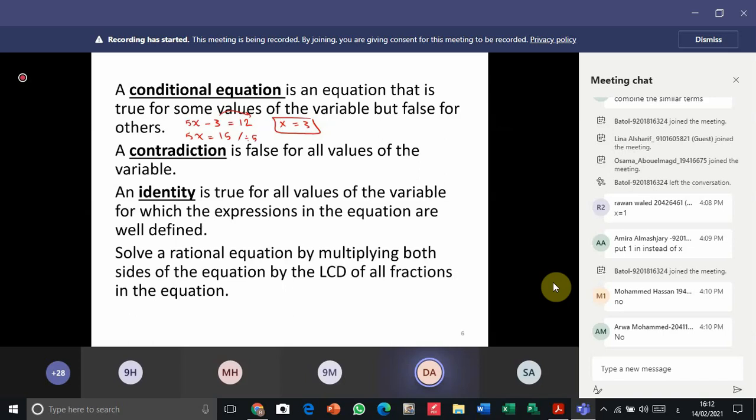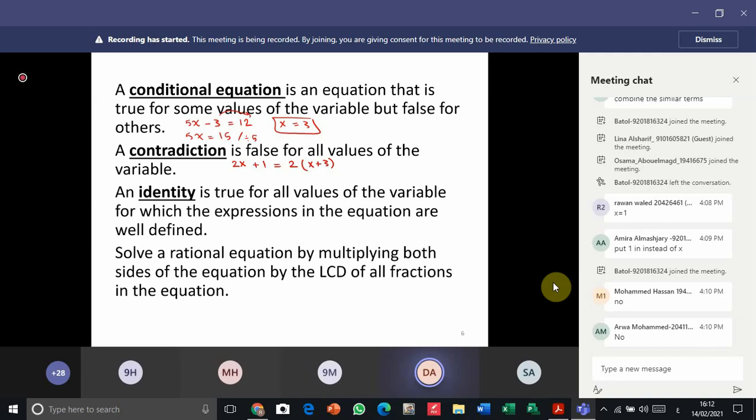As for contradiction, we have no solution for this equation. I don't have any solution for this equation. For example, 2x plus 1 equal 2 multiplied by (x plus 3).